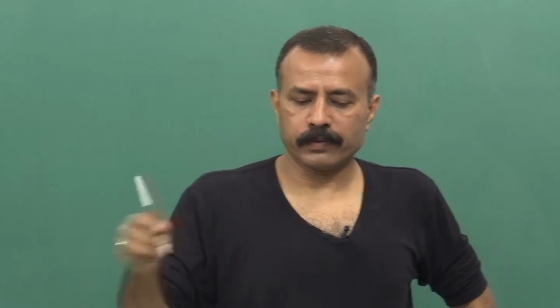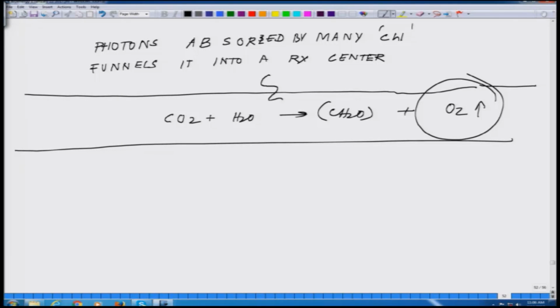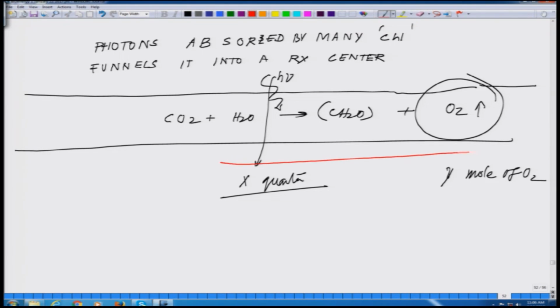Let us add one more thing into it, light. If I give x quanta of light, what is the y mole of oxygen evolved? This is how photosynthetic efficiency is determined.